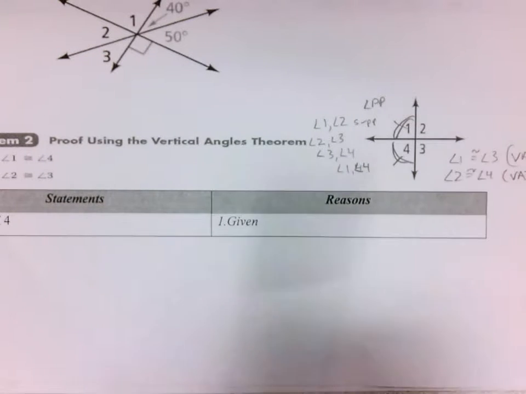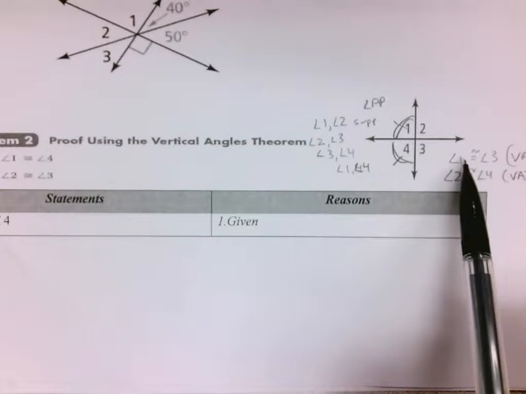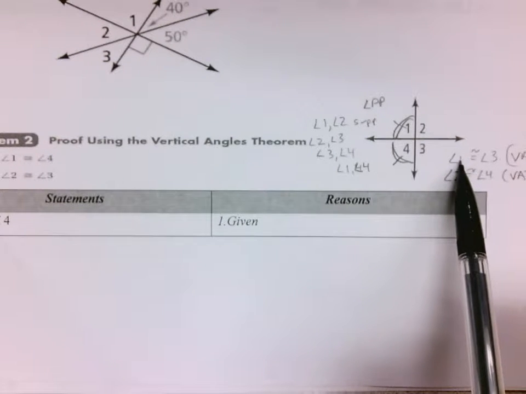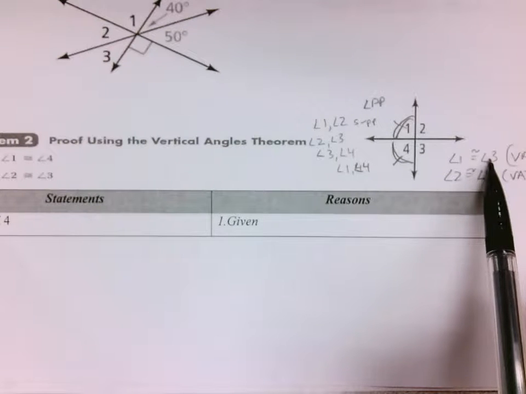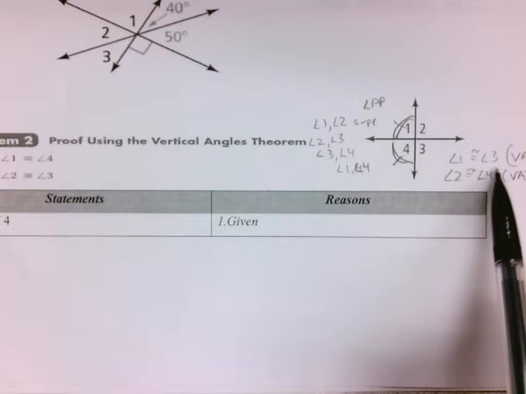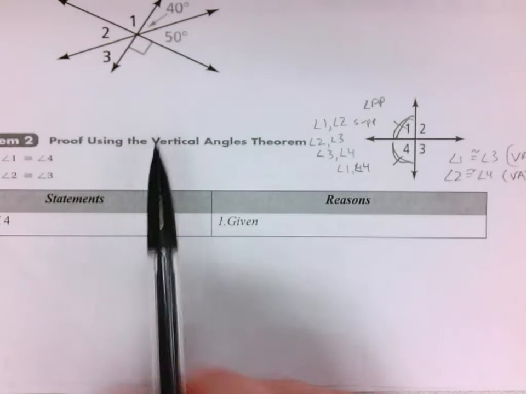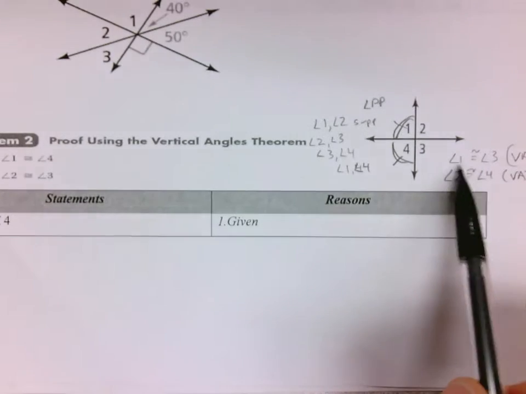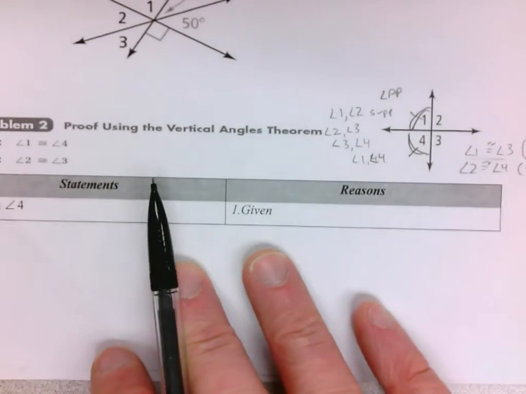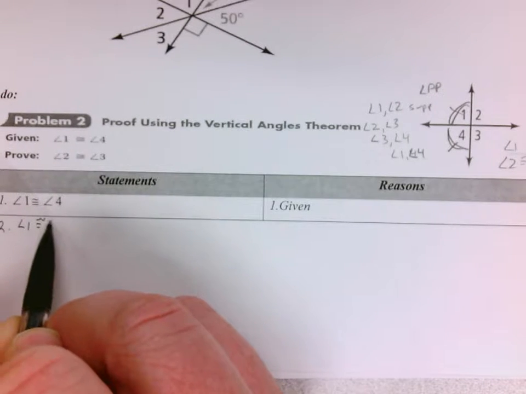So as long as I can connect angles in a row, so I can say if 1's congruent to 3 and 3 is congruent to 4, going that direction, or I can say since 1's congruent to 3, 1's congruent to 4, I have the angles I need between my given and right here. I have the stuff I need.